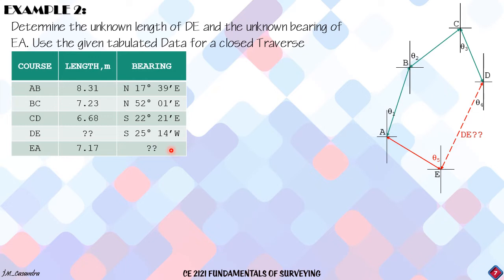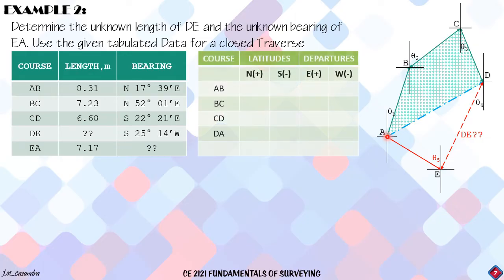And from here, as we have said, the first step is to close our traverse using our known sides. For this given, we are closing it with point D and point A. So the new traverse now formed, ABCD, is the first to be analyzed using our latitudes and departures.